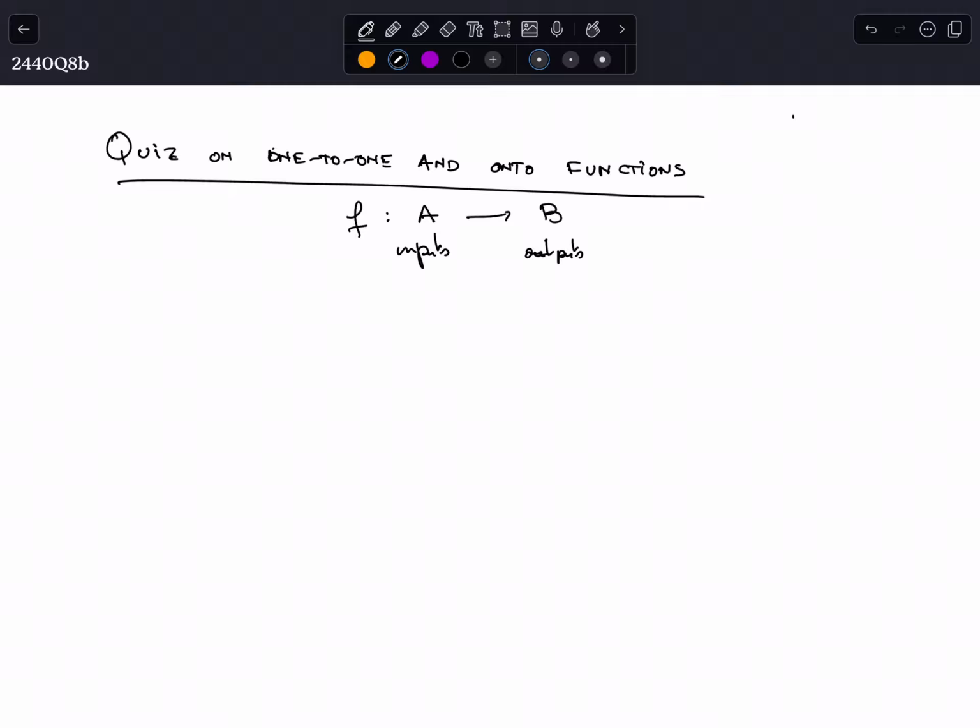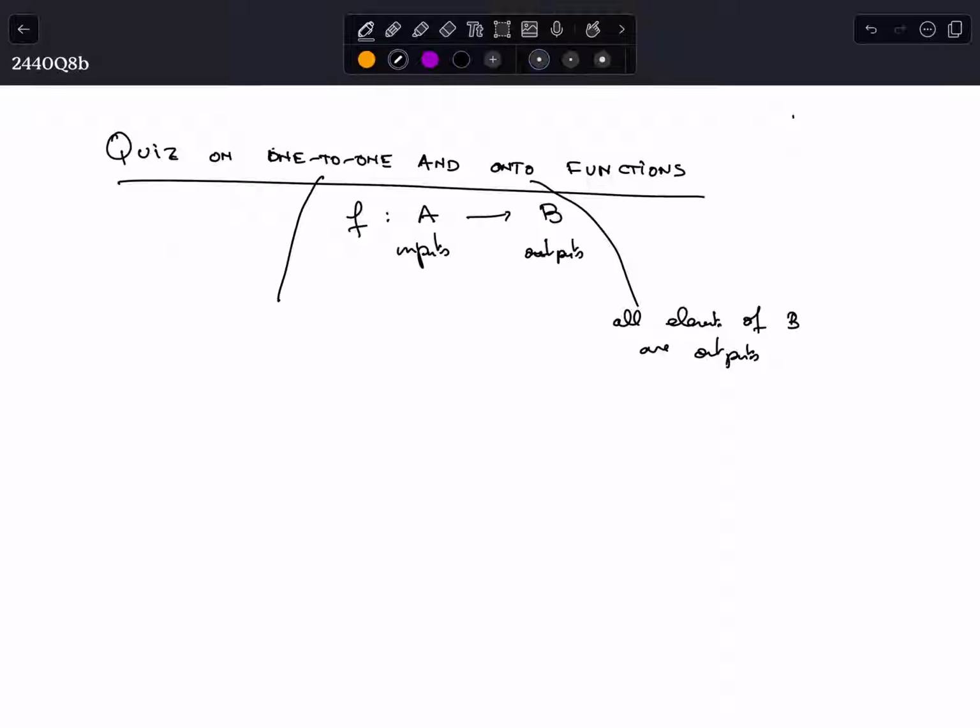But you have to understand that the outputs are part of B, not necessarily all of B. And in fact, that is exactly what onto means. Onto means all elements of B are outputs. Sometimes that happens, sometimes that doesn't, and that's exactly what we're going to check today.